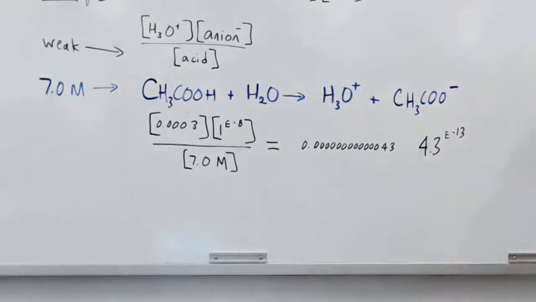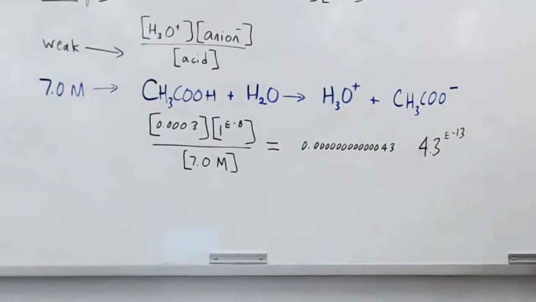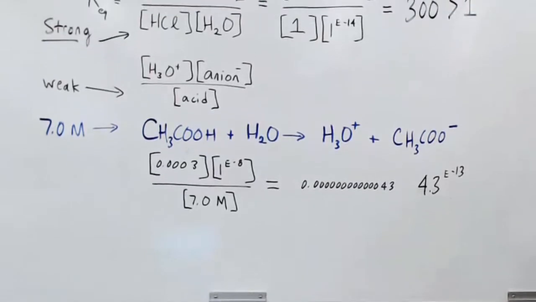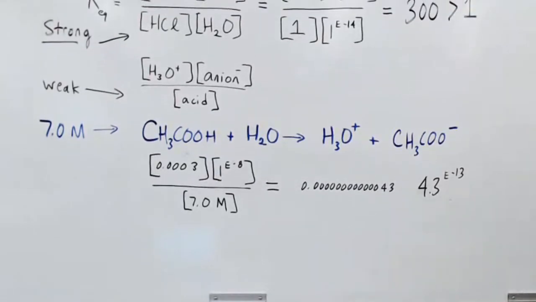Now, what does this number mean? Well, if 300 greater than 1 for the previous example means that the acid is 300 times more likely to fall apart than not, well, this number is the odds of it completely falling apart. And the odds of it completely falling apart are pretty darn small.